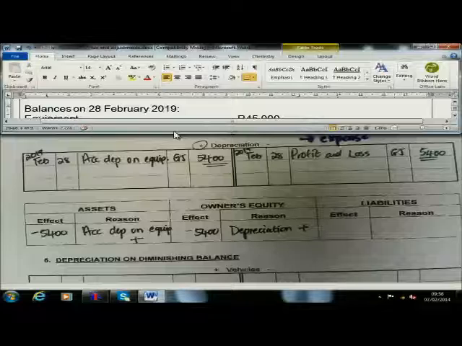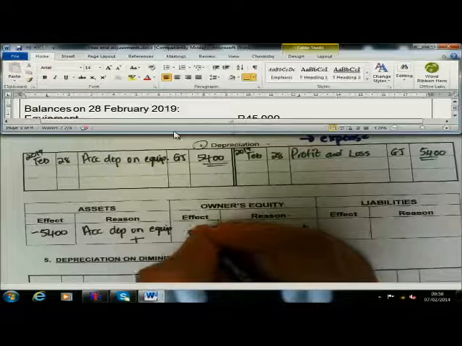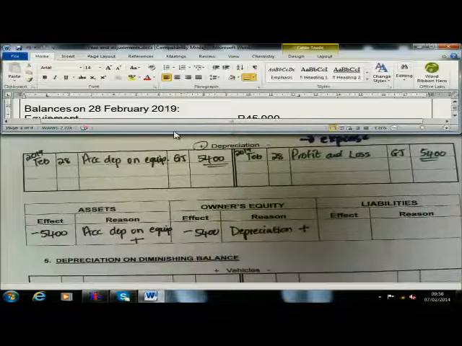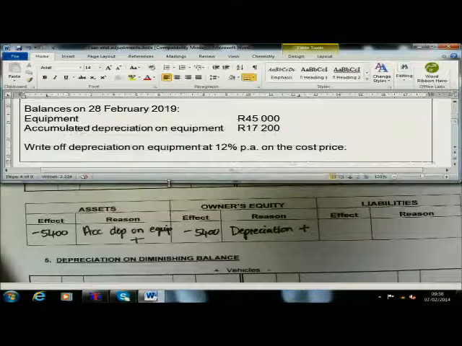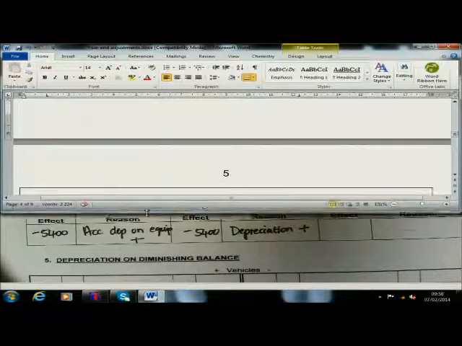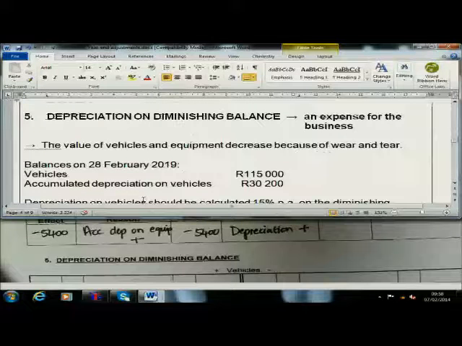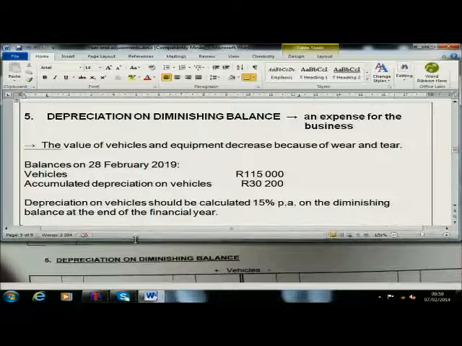Depreciation is an expense. The more expenses you've got, the less owner's equity we've got. Okay, that was depreciation on cost. That's the easy one. And then not difficult, only a little bit more tricky, is the depreciation on the diminished balance, on the diminishing balance.